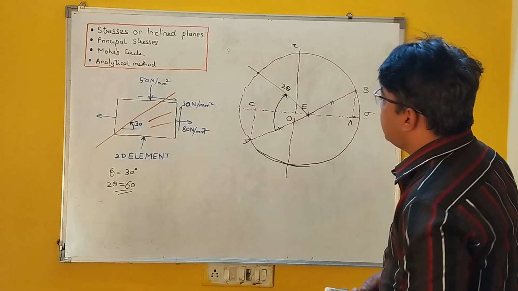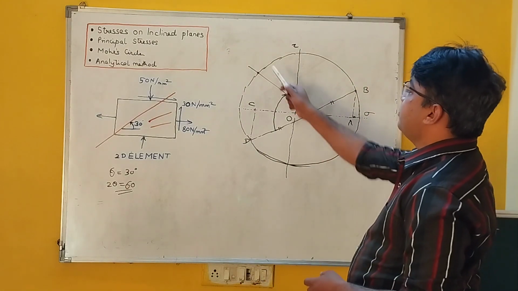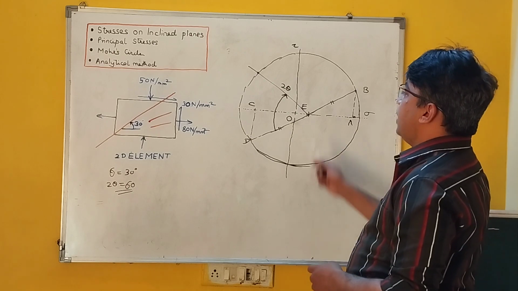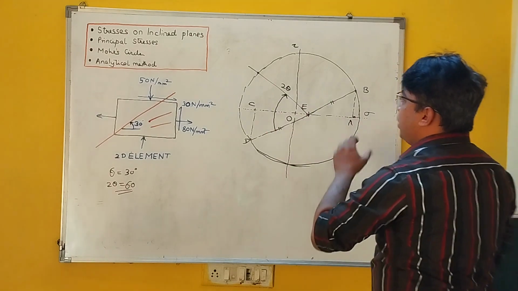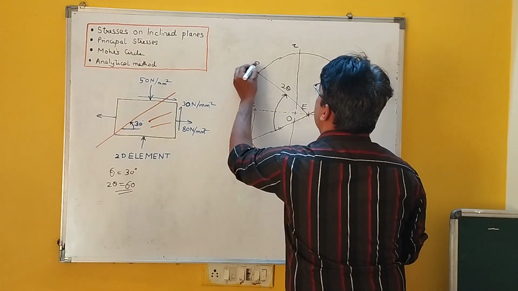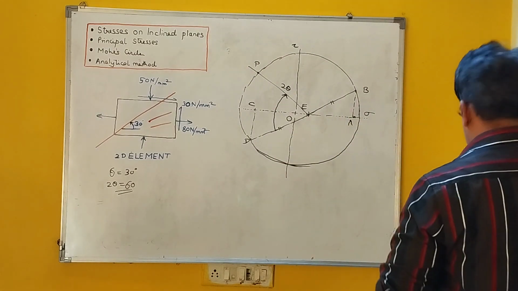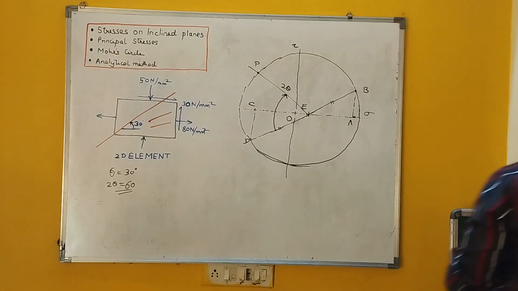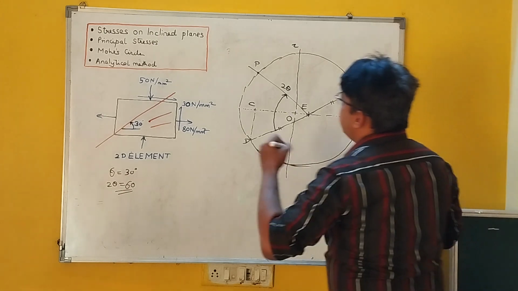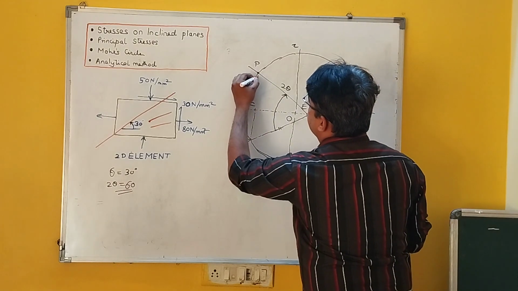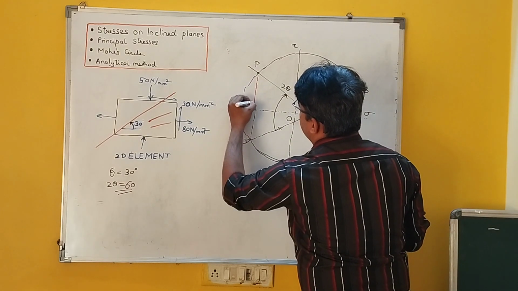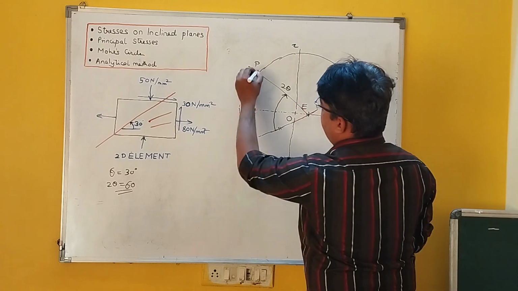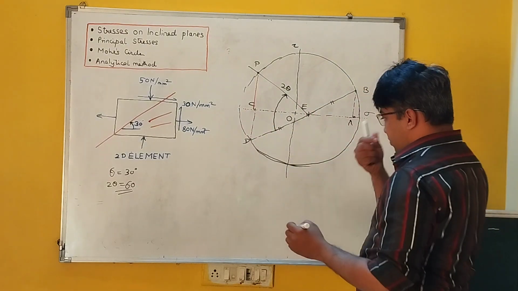So stresses on an inclined plane, you can see over here. This is the point we got. Let us say it is point P. Now let us draw a perpendicular from point P like this. So this is the perpendicular from point P we have drawn.